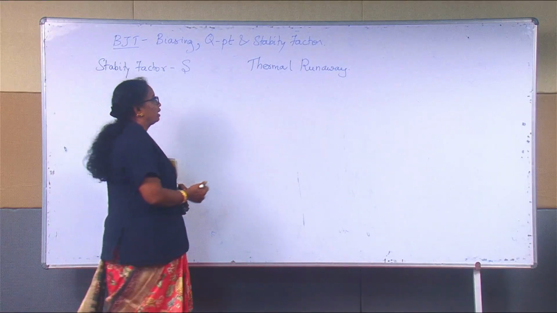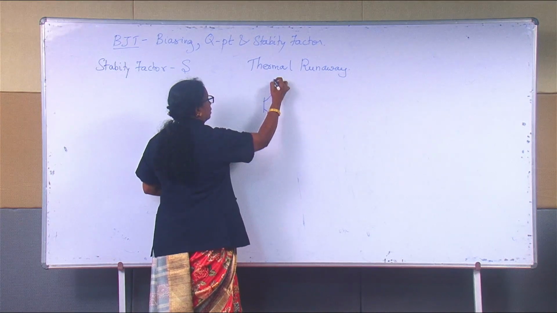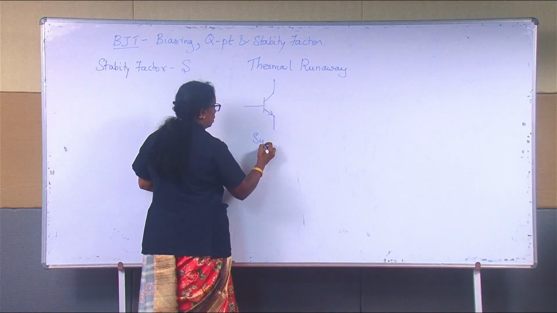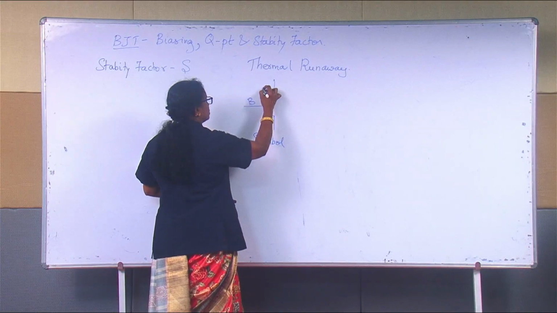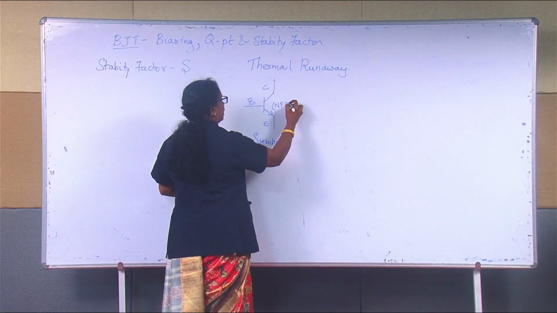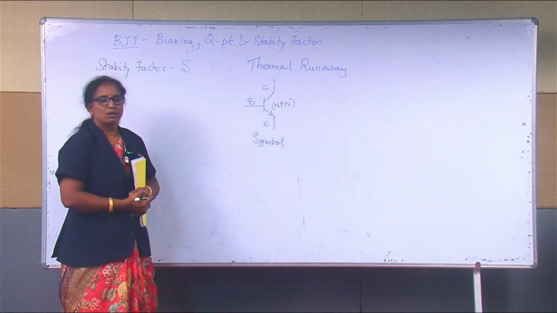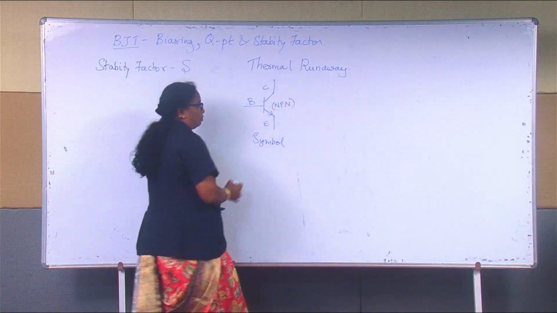So if you take any device, say a BJT, this is the symbol of the BJT, as we all know: base, collector, emitter. This is of NPN type. Okay. So now we'll see what is thermal runaway.